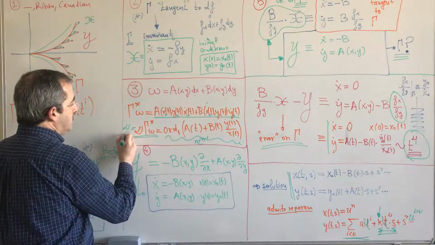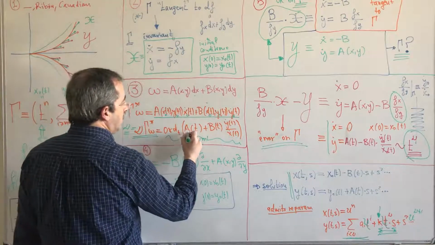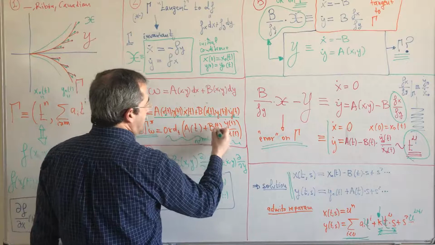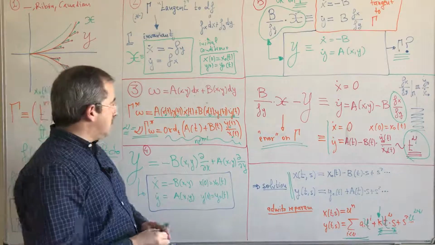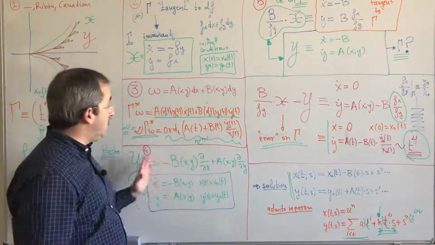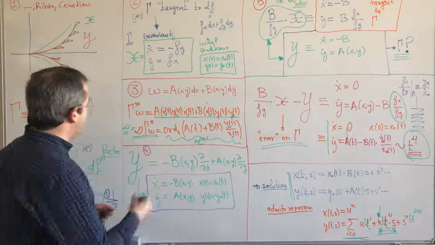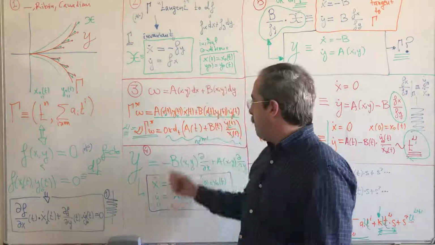We call it nu, which is the order of a(t) plus b(t) times y dot 0 over x dot 0. This is the same as divided by n t to the power n minus 1. Call it nu. This is the contact order of omega with gamma.